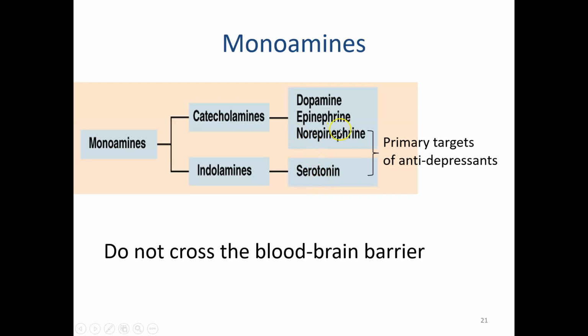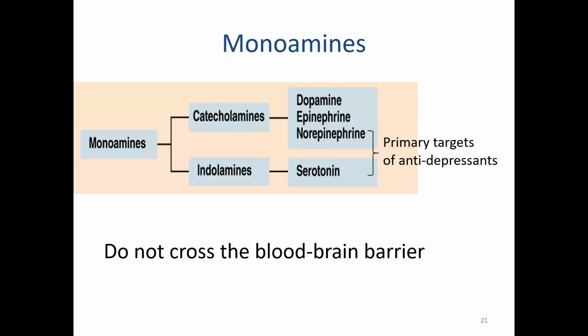Now, by and large, norepinephrine and, to a greater extent, serotonin are going to be the primary targets of antidepressants. These monoamines do not cross the blood-brain barrier.